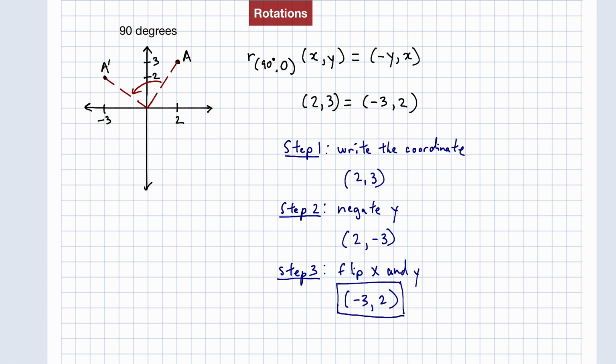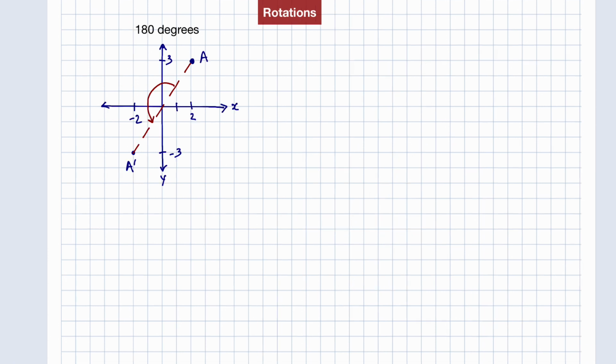Okay, let's move on to the next one, which is 180 degrees. Here we've got point A, and it's rotated 180 degrees, counterclockwise again, to A prime. So what is the rule for this one? If we have a rotation of 180 degrees about the origin, again, the origin is 0, 0, of any coordinate x, y, it's going to be negative x, negative y.